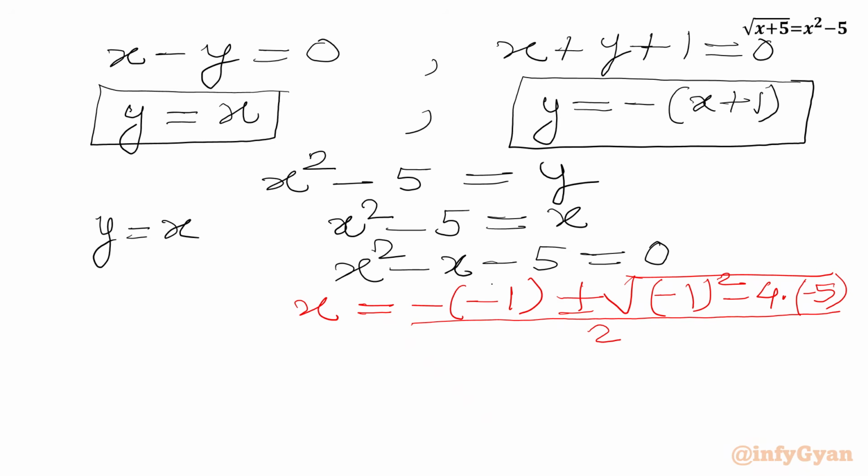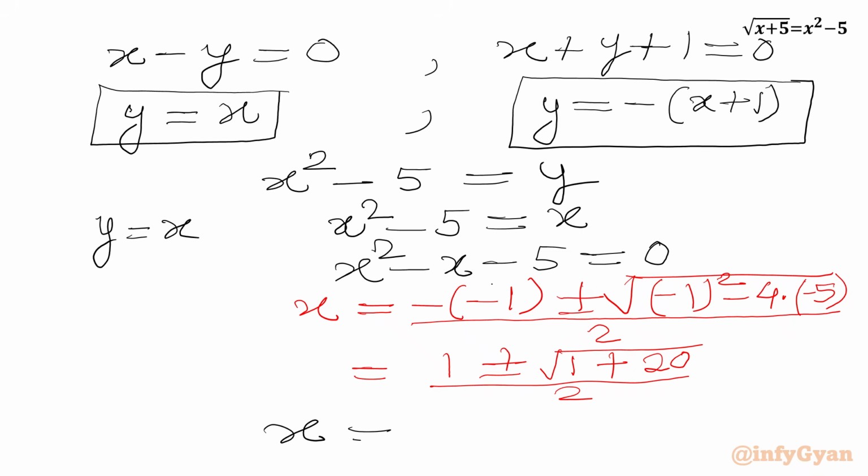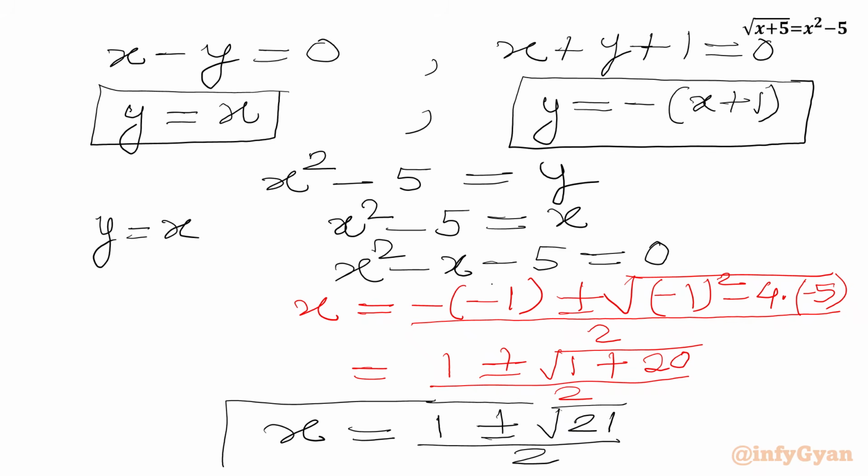This will be equal to 1 plus minus square root of 1 plus 20 over 2. So finally we have two real values of x. x equals 1 plus minus square root of 21 over 2. This is from the condition y equal to x.